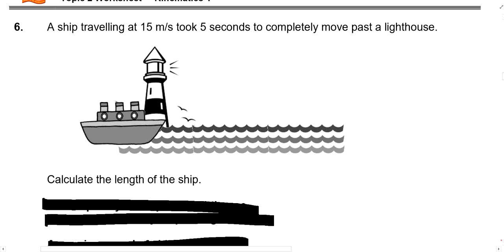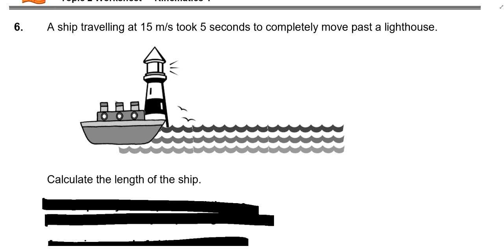Calculate the length of the ship. The ship takes 5 seconds to pass a lighthouse. So let me draw the lighthouse over here. This is my lighthouse. And the ship is moving at 15 meters per second, taking 5 seconds to completely move past.